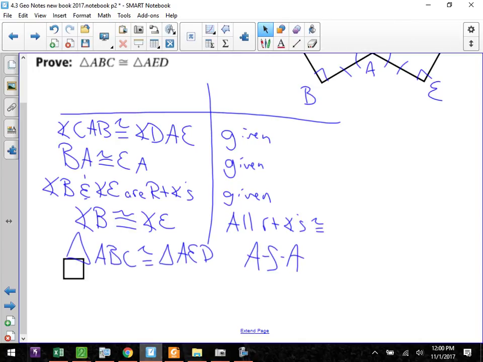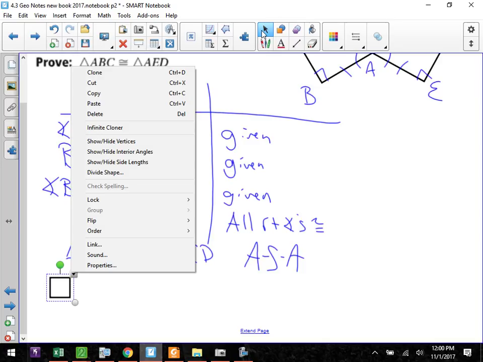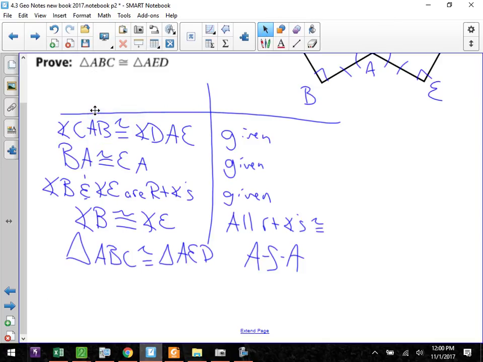So if you really start to think about what you have given versus what you have to come up with on your own, there's what, 10 things you wrote up there? 5 statements, 5 reasons, there's 10 parts there.